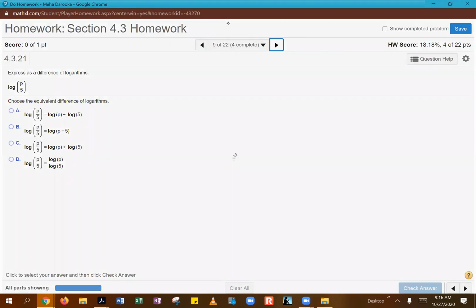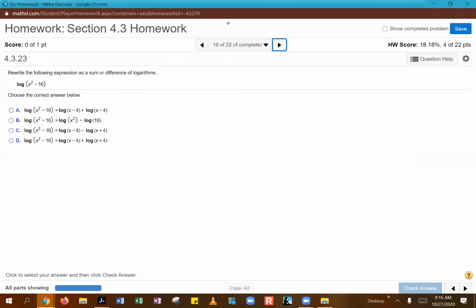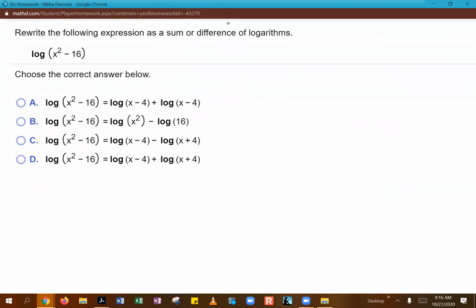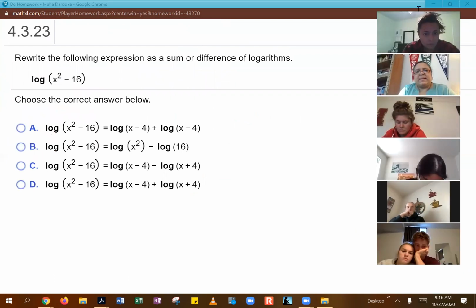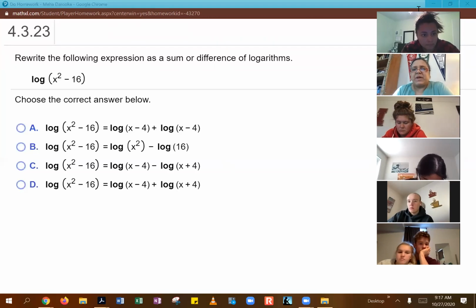So another example over here, let's take a look at this guy. Again, tell me which option would you go with to rewrite this expression as a sum or a difference of multiples of logarithms.